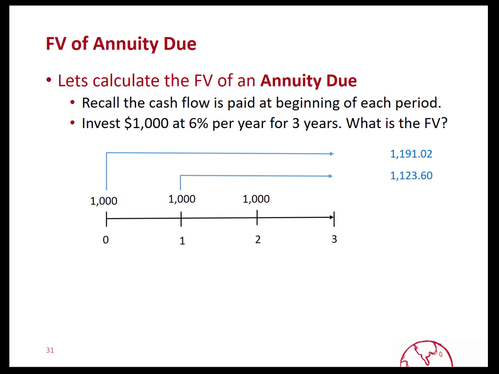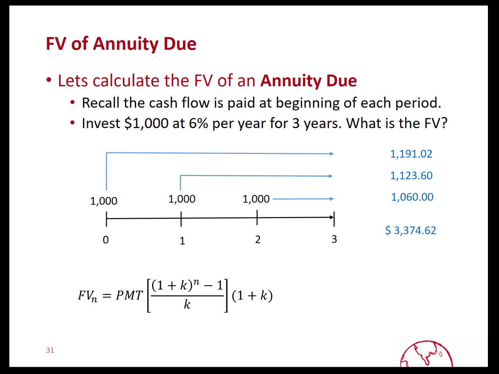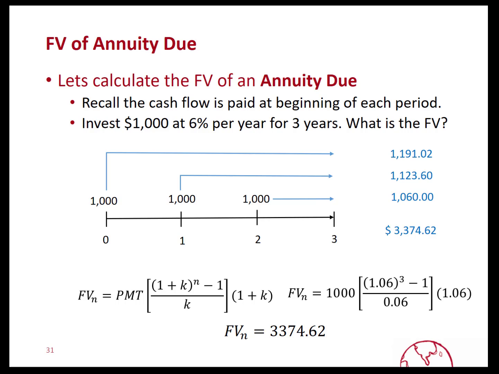It's going to be worth $1,123. That final payment compounds for 1 year at 6%. You guessed it, $1,060. Adding up those 3 cash flows, we get $3,374.62. Plugging it into the formula, noticing that we have that 1 plus k at the end, we can see that we get this correct amount.